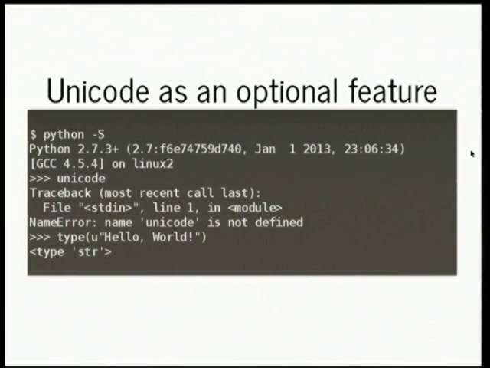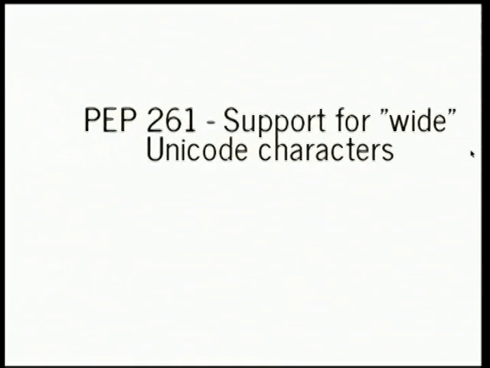And so you can see Unicode is not defined in this build. And if you use a u literal, you get a str back, which in some way anticipates the recent PEP, where in Python 3 you can use a u literal and get a str back. So Python 2.7 had it first.